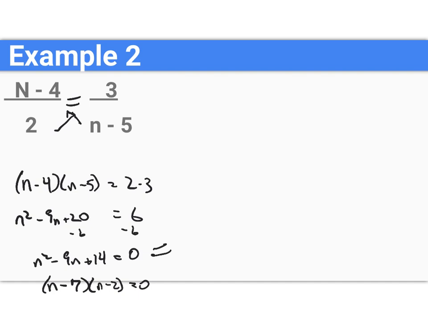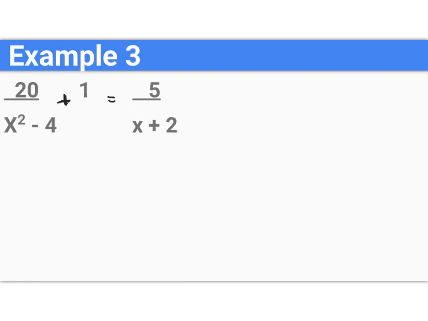This was simplified already, but I went further just to see what your zeros would be; you didn't need to do that. So n squared minus 9n plus 14 equals 0 is the solution. When you're looking for this, you want some type of quadratic polynomial to be your answer, and that's what we have here.